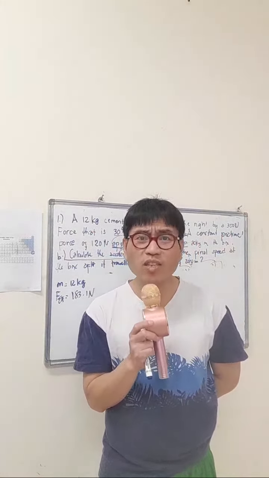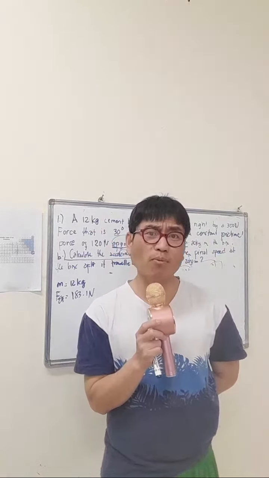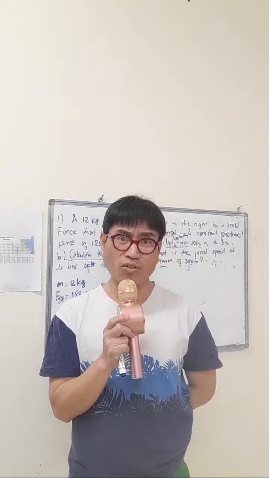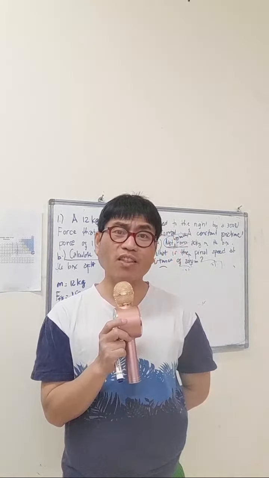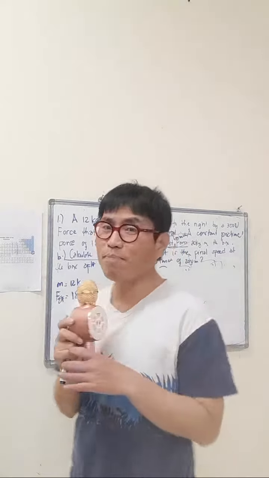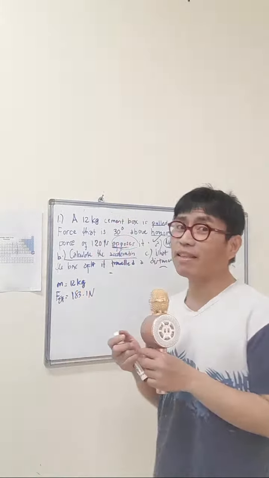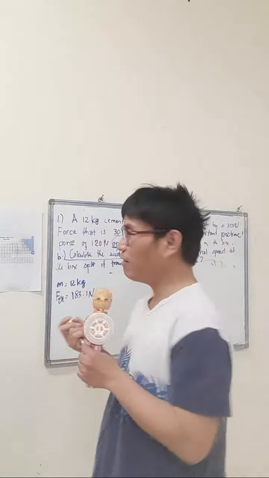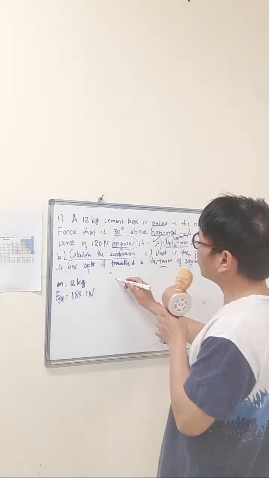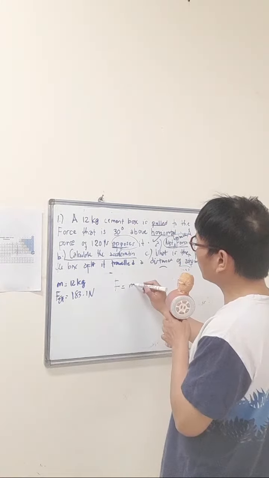So the closest of them all and the most appropriate is using the second law of Isaac Newton, which is, under the 3 laws of motion, the second law: force equals mass times acceleration. We should analyze. Why?